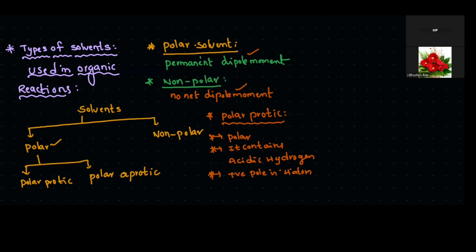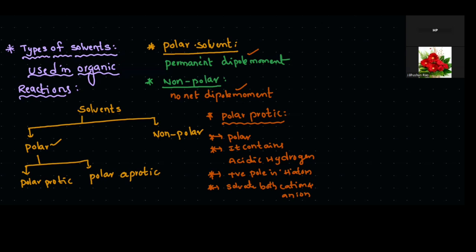Then, another condition: it solvates both cation and anion. So these are the conditions for polar protic solvents.